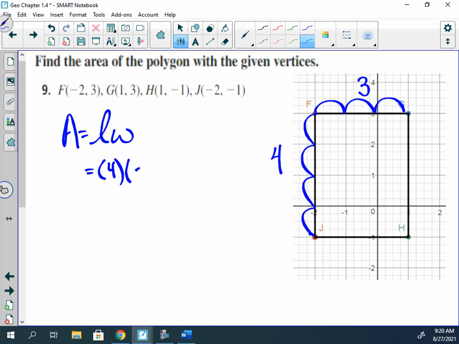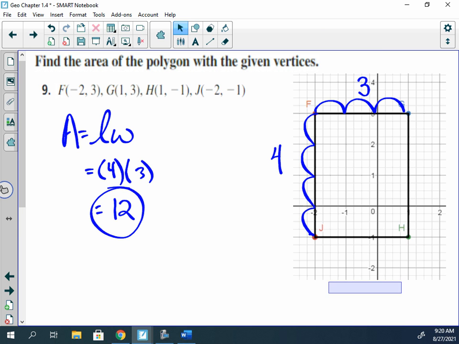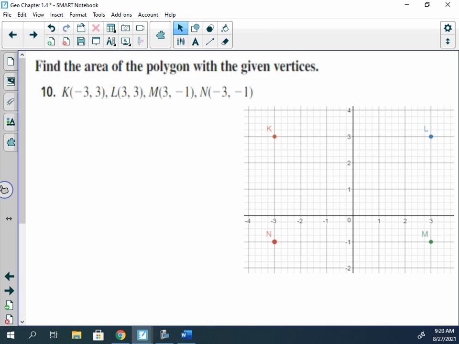Width is? Any questions on any of this here so far? And that's really it, because this isn't going to be any different. Do y'all want to see one more?